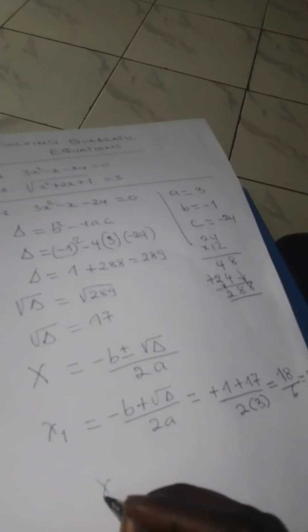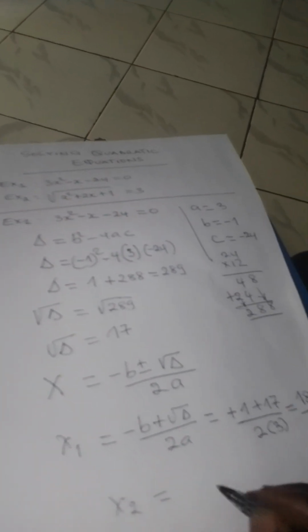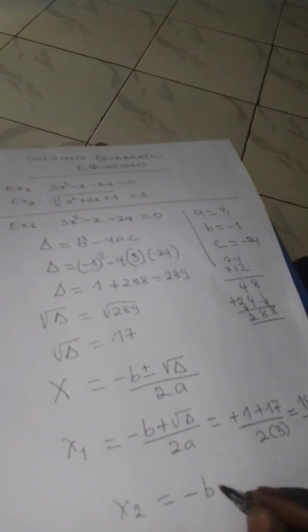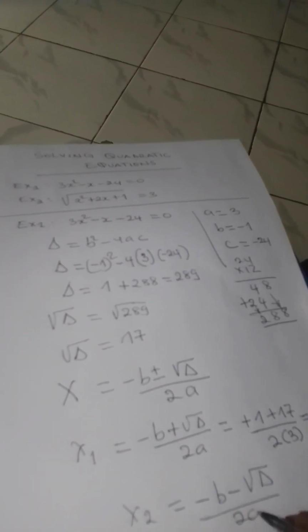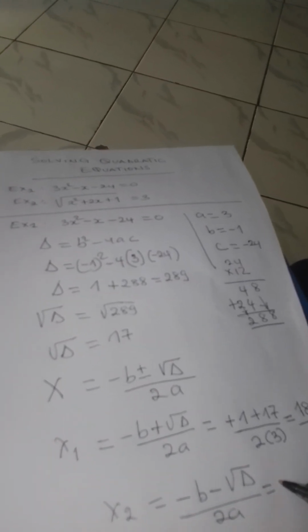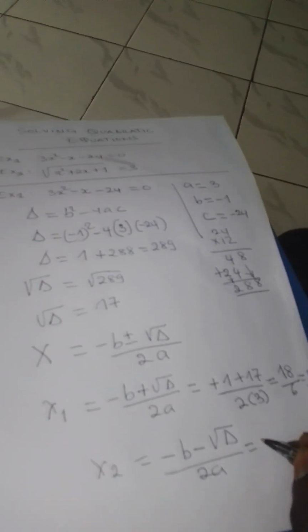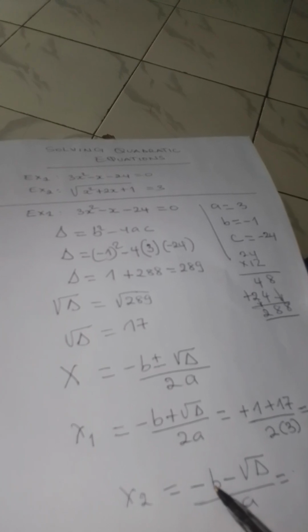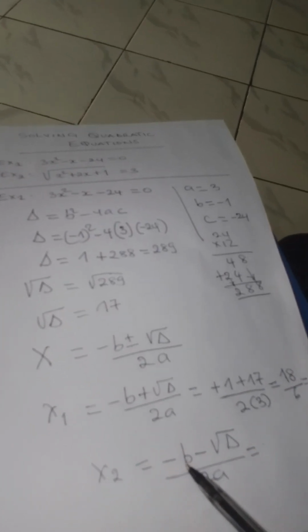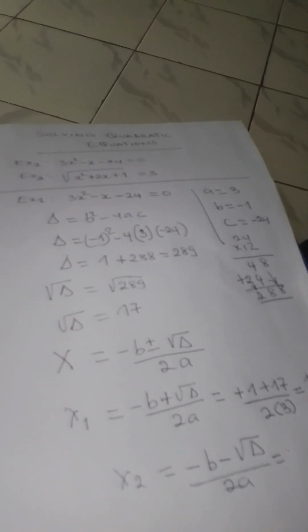Then x2 is equal to negative b minus the square root of delta, then divided by 2a. Then we have b as negative 1. When we substitute here, it is negative times negative 1, which is positive 1.